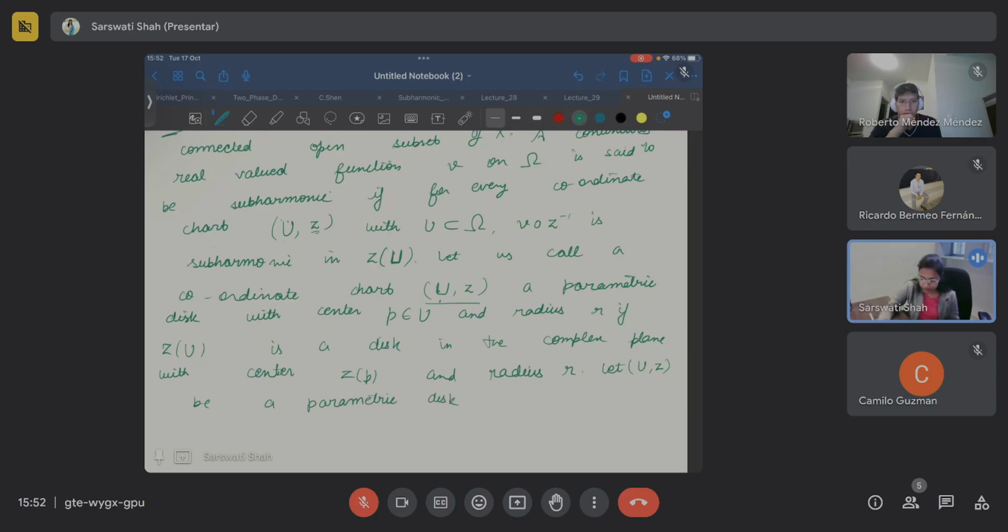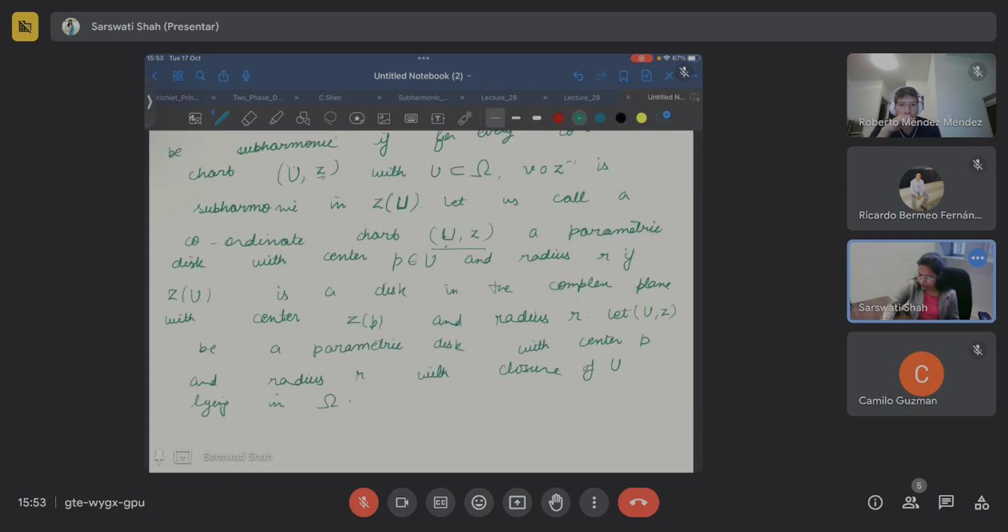So let (U, z) be a parametric disk with center P and radius R with the closure of U lying in omega.